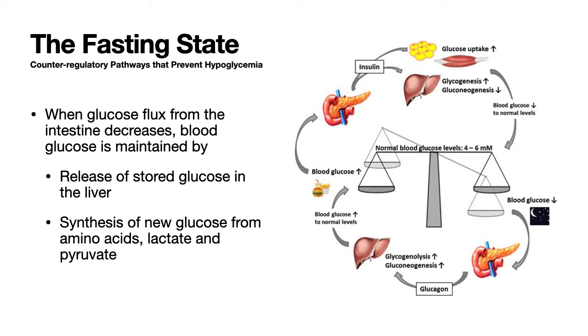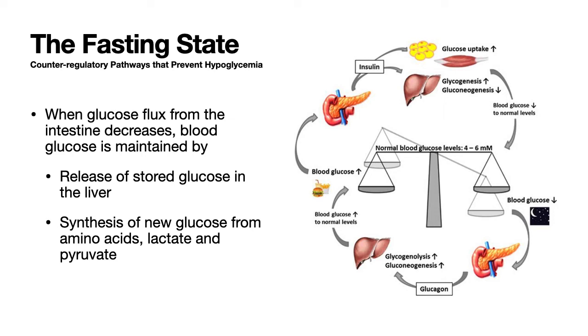And the goals of the counter-regulatory pathways would be to create a shift in metabolism so that one prevents hypoglycemia or a very low level of glucose in the blood, which is detrimental to the organism.